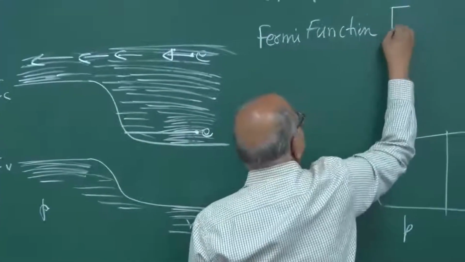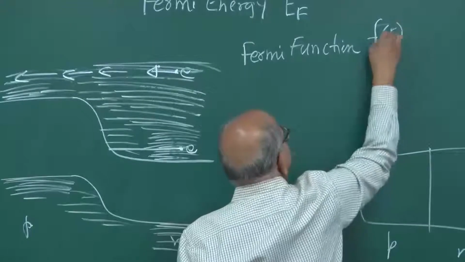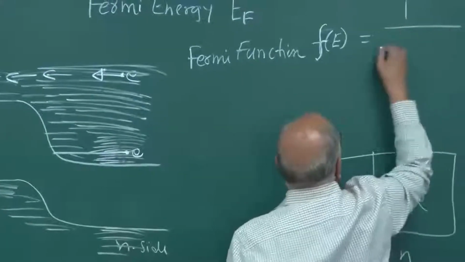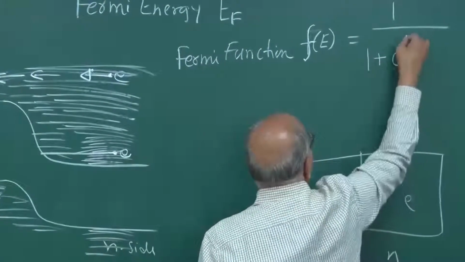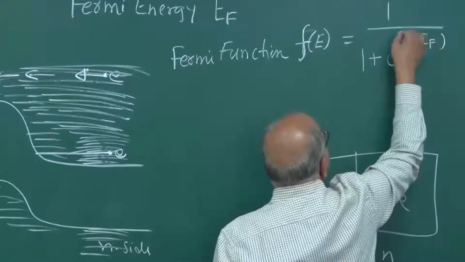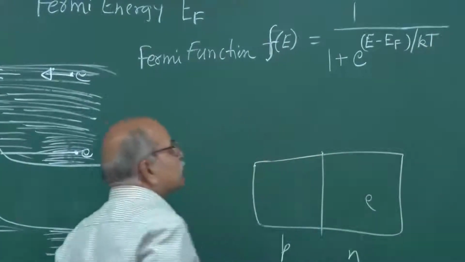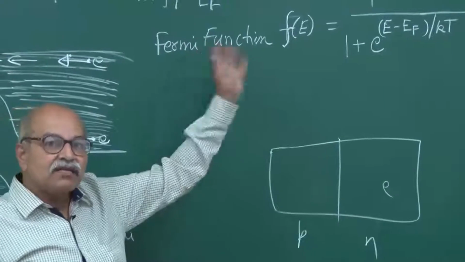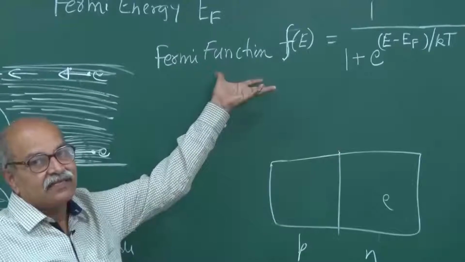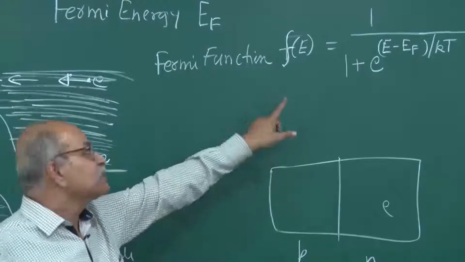This is f, a function of energy, and it is written as 1 over 1 plus e to the power (E minus EF) divided by kT, Boltzmann constant times temperature. This particular function represents the probability that an electron will occupy a quantum state at this energy.